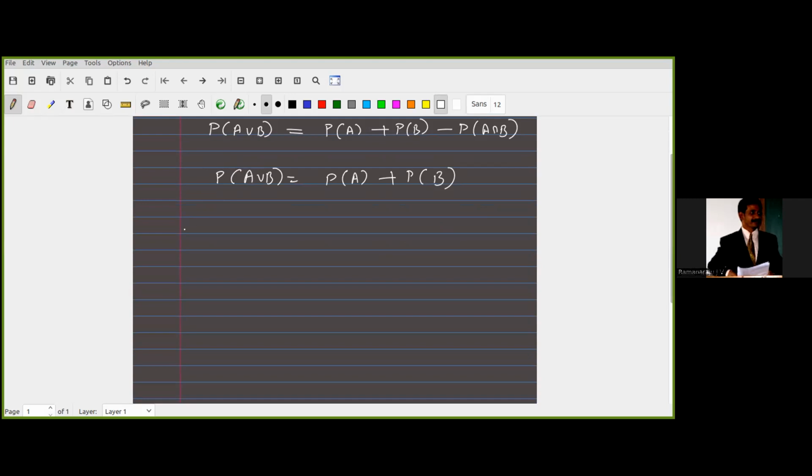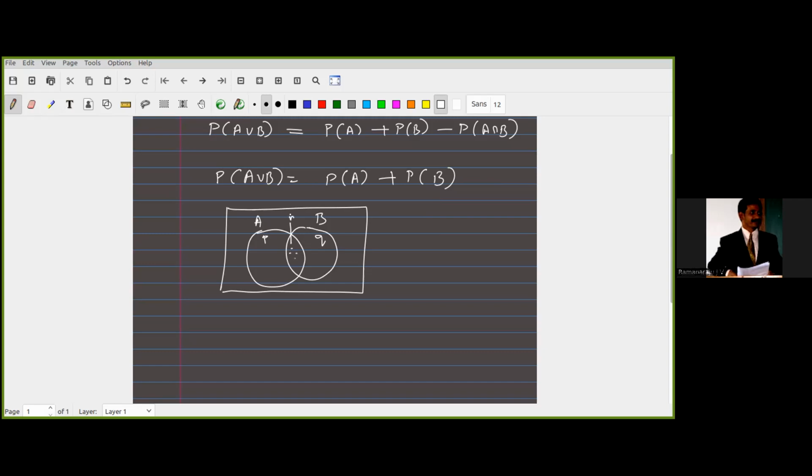So let us look at this Venn diagram. Let's say this is the event A, this is the event B, and let us say there are P number of elements in A, Q number of elements in B, and there are a few elements here.